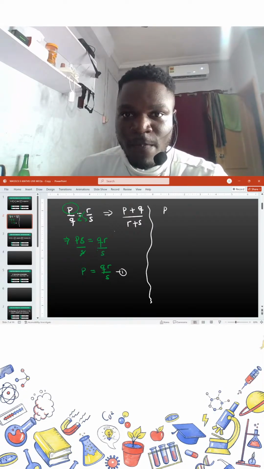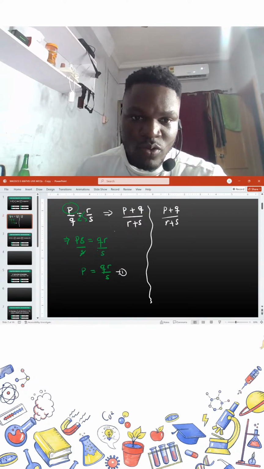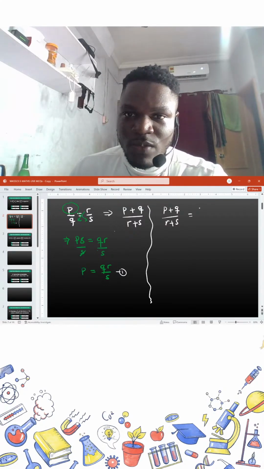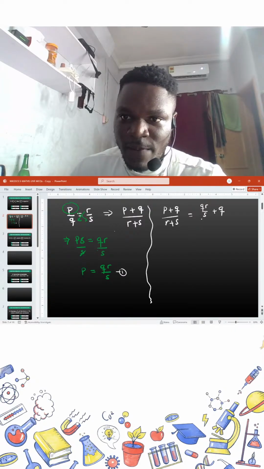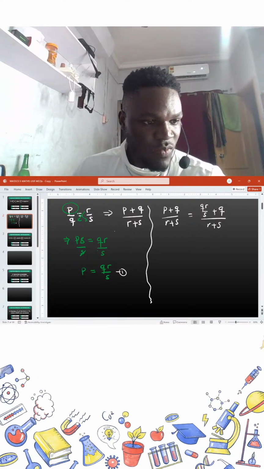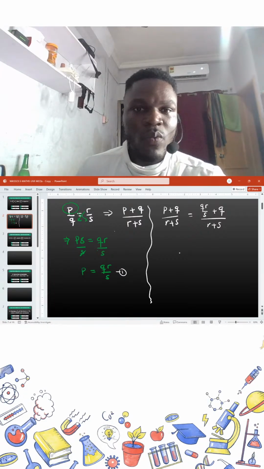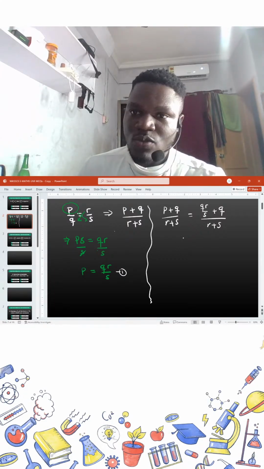So we'll have P plus Q over R plus S. Now in place of P here, I'm going to put this QR over S. So this will be equal to QR over S plus Q, this Q over here, all divided by R plus S, this over here. Okay, so from here we can proceed to find the solution to this problem.